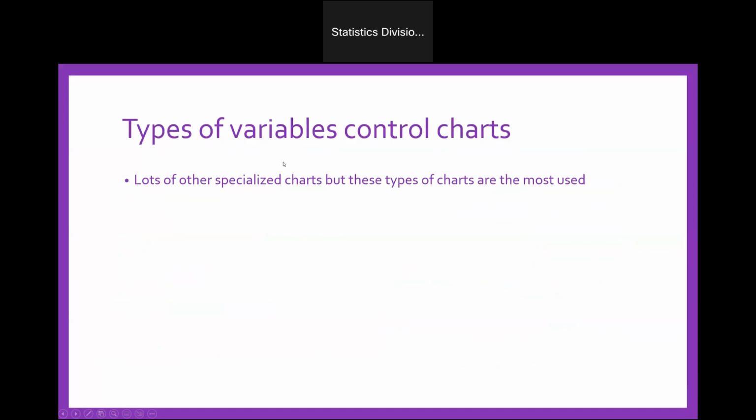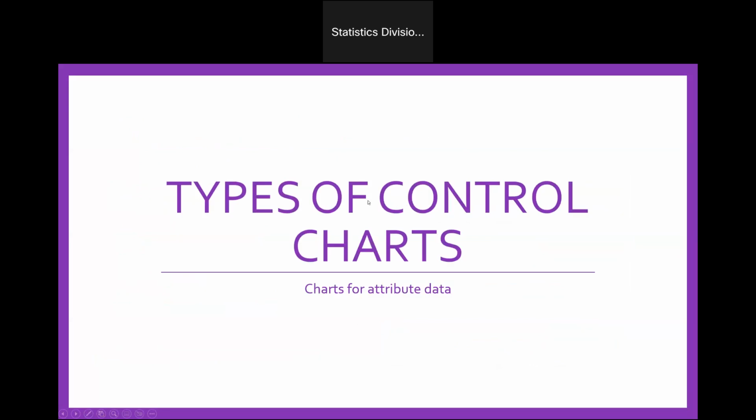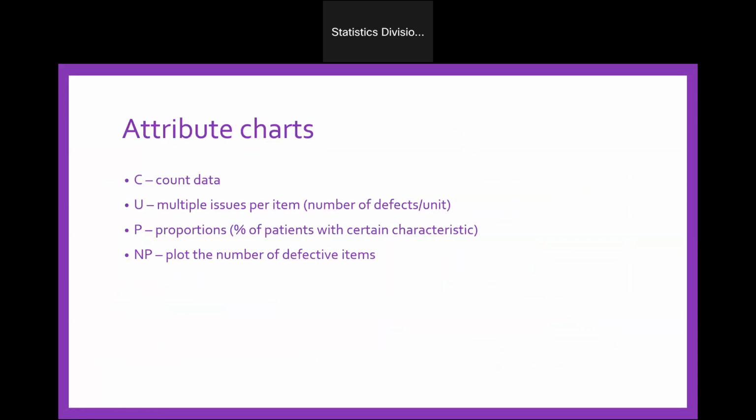So those are all the variables charts I'm going to show right now, but there are lots of other specialized charts. But I think the IMR and the X-bar are really the most common charts. I'm going to just briefly show an attribute chart, but not go into a lot of detail on those. But there are attribute charts for different kinds of things.